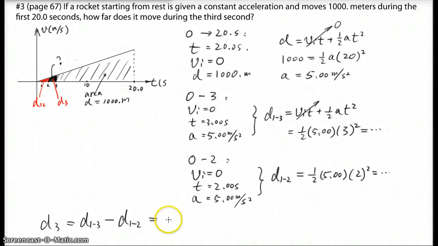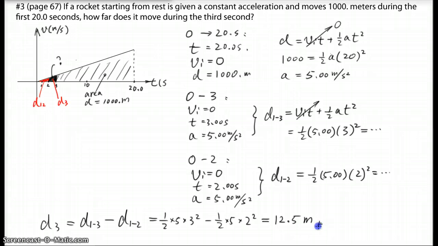So subtract the 2 displacements. We can actually put this down: 1/2 times 5 times 3 squared minus 1/2 times 5 times 2 squared, right? So you calculate, and eventually you should get 12.5 meters.